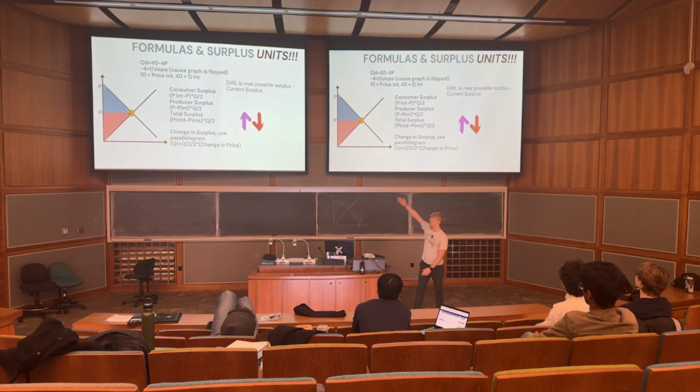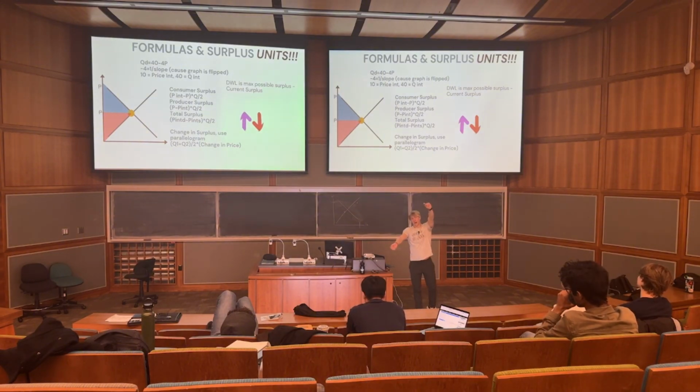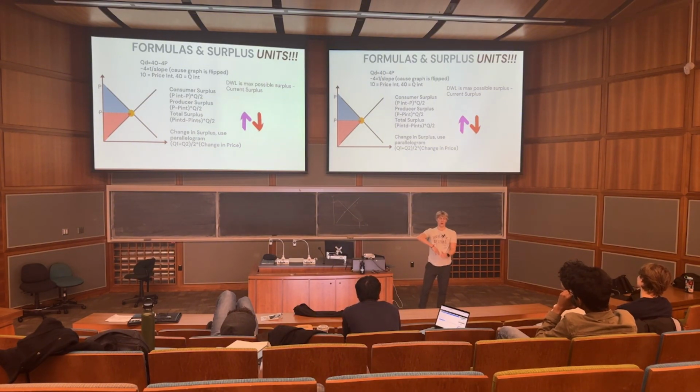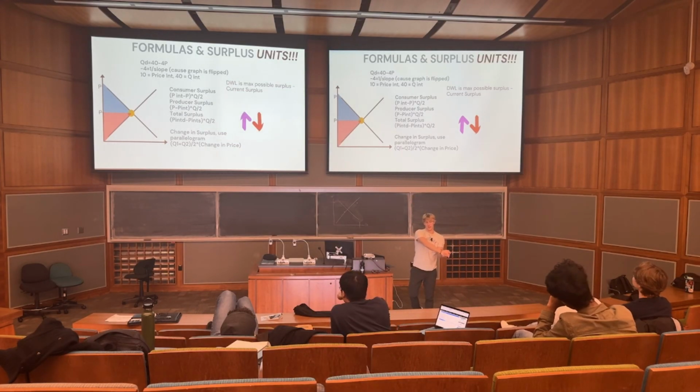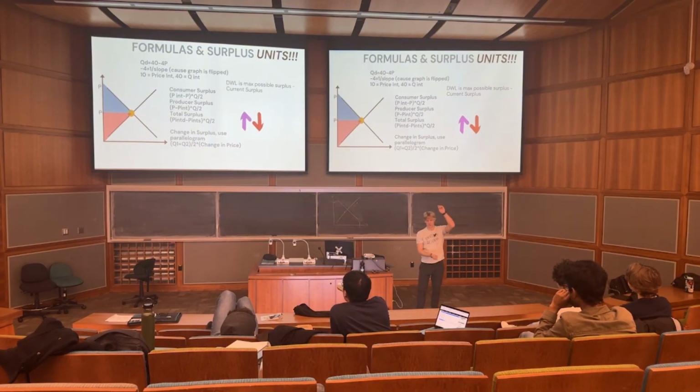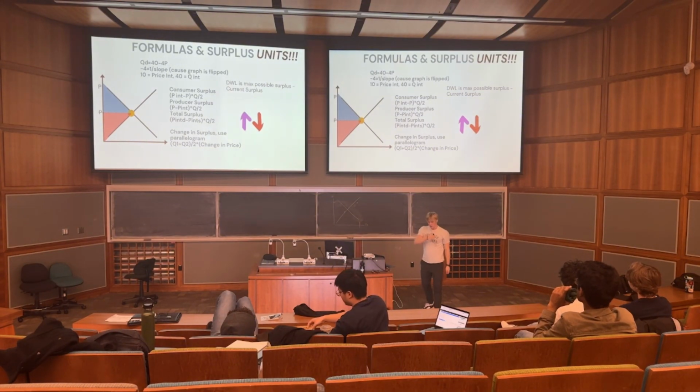That blue region right there is consumer surplus. It's everything below the demand curve and above the price. You can calculate that by taking the price intercept minus the actual price, and then it's a triangle, so you multiply it by the quantity and divide by 2. It's flipped for the producer surplus, and then total surplus is them added together, or you could just take the difference between the consumer price intercept and the producer price intercept.